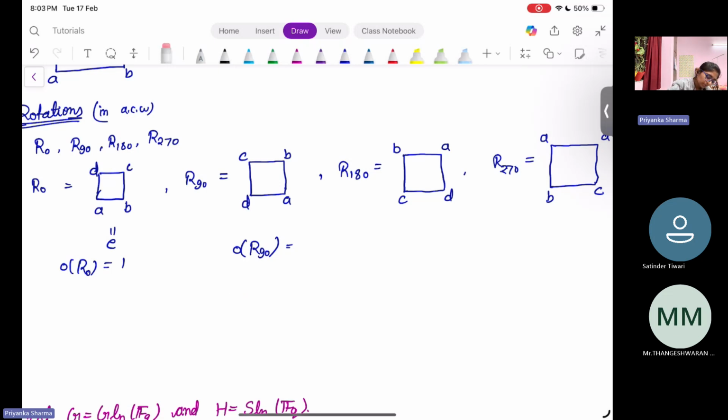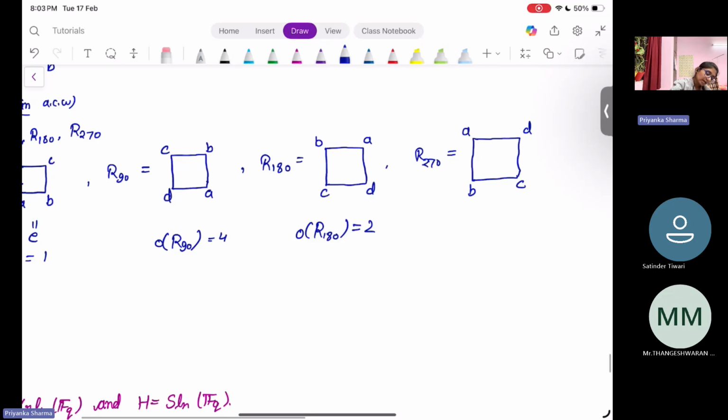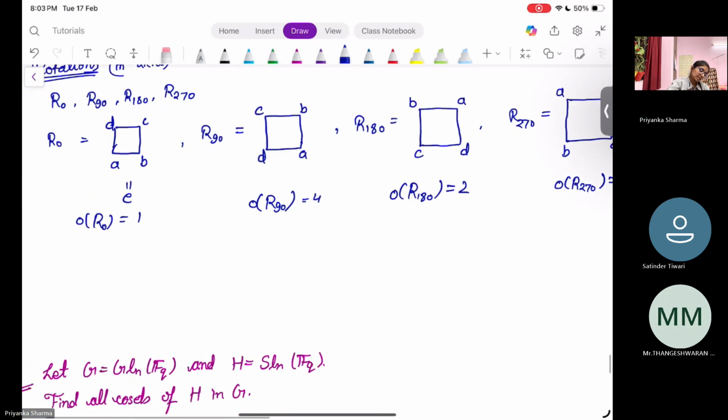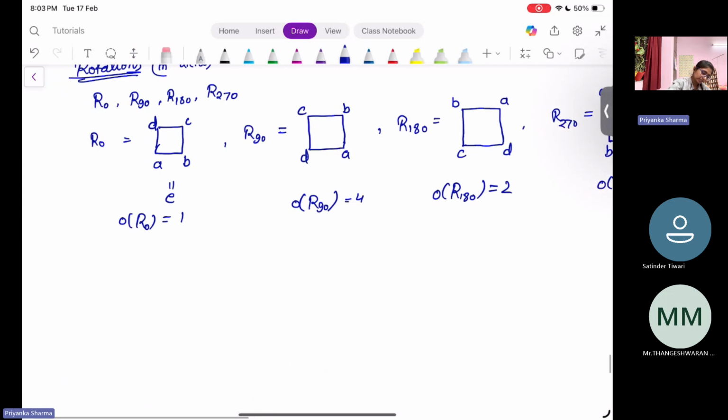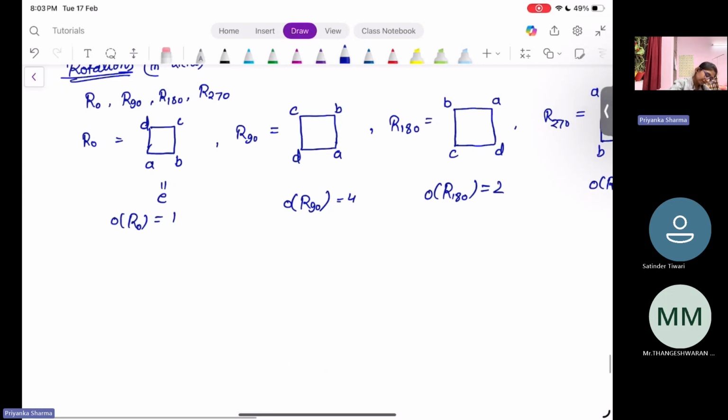Now what is the order of R180? That is 2. If we rotate this by 180 degrees again, then A will come back here. And similarly, R270 has order 4. So these are the 4 rotations. There are 4 more elements and they are reflections.